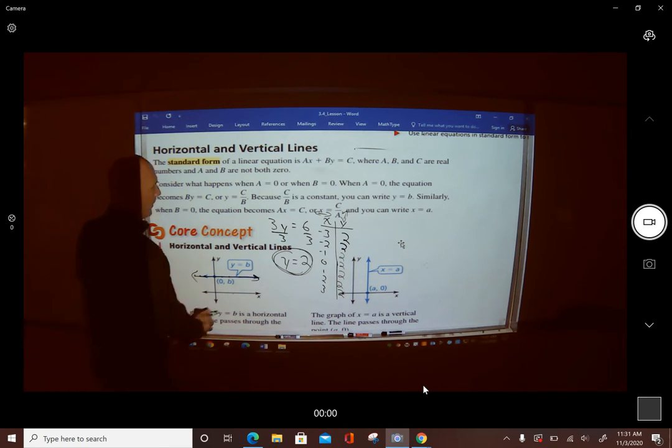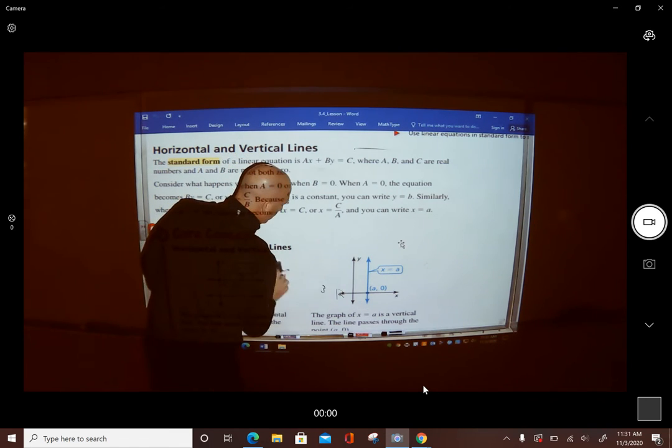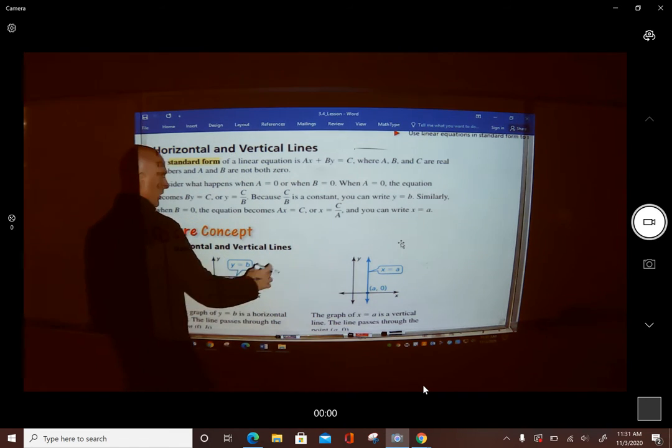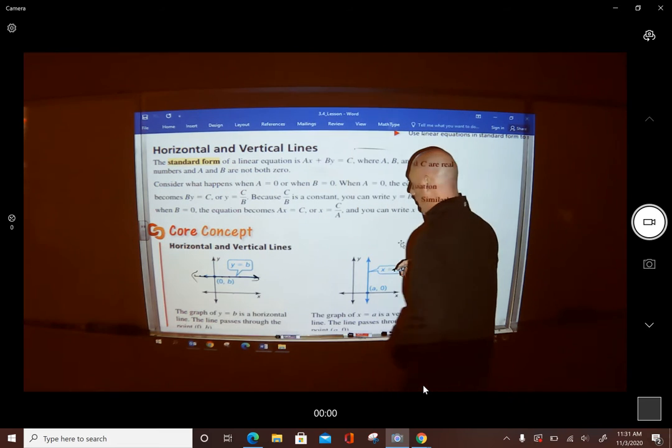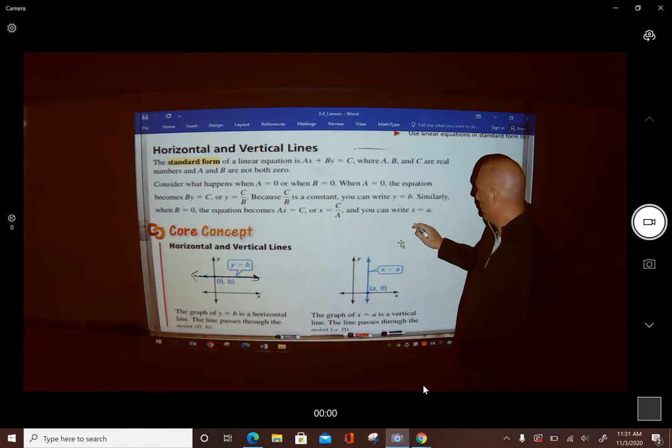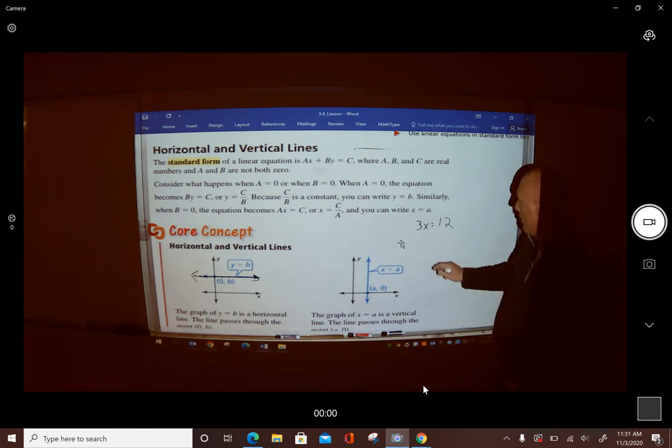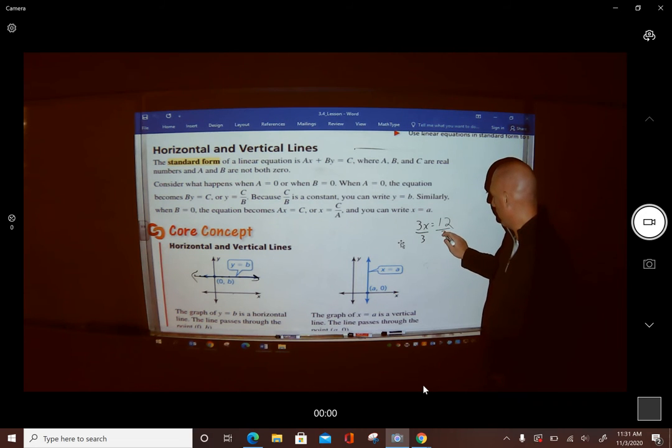Now, let's flip it. Let's look at the x's. Well, what if I knew 3x equals 12? Now I would divide each side by 3, and x would equal 4.